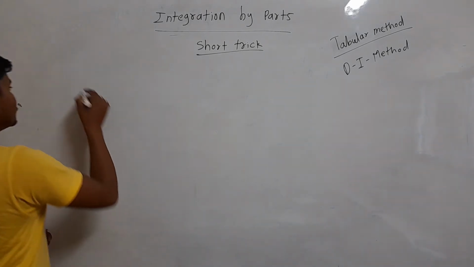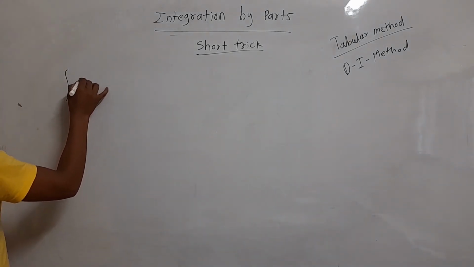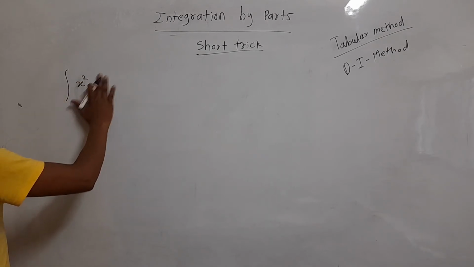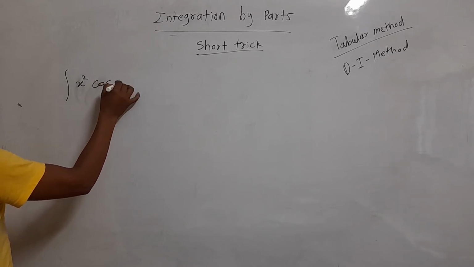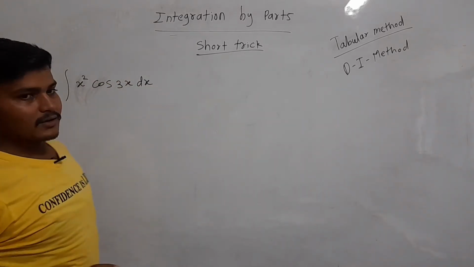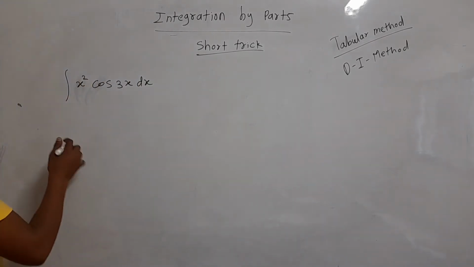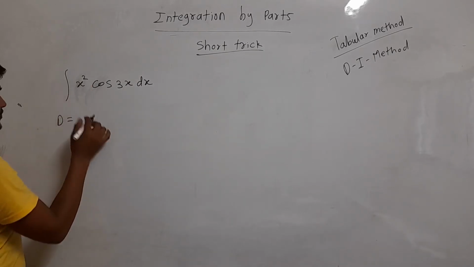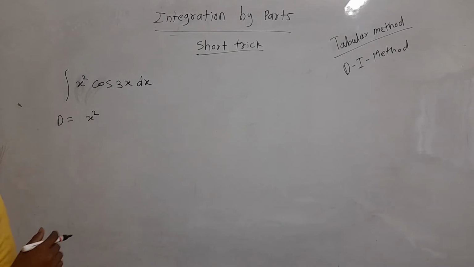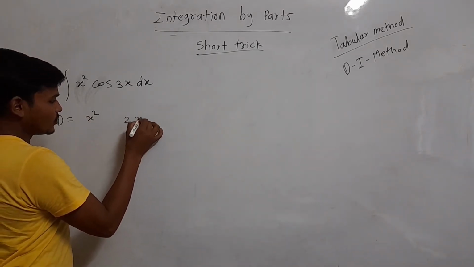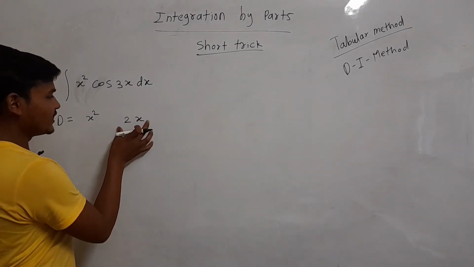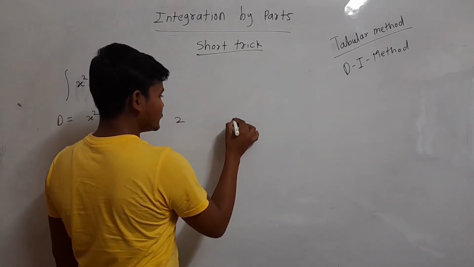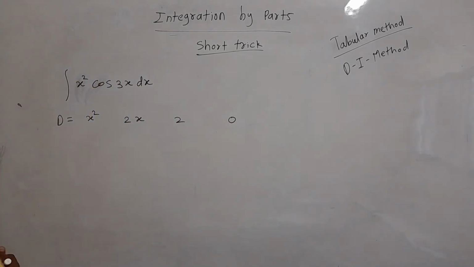Now, the second question: integration of x square into cos 3x dx. We differentiate the polynomial function: x square gives 2x, again differentiating 2x we get 2, and differentiating 2 we get 0 because 2 is a constant.